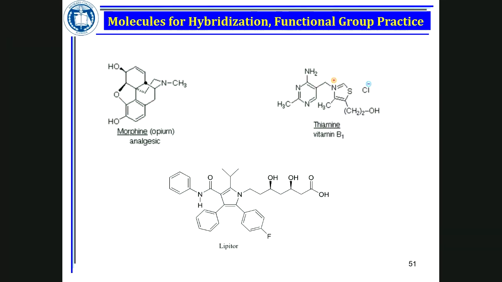What is this functional group here? Carboxylic acid. What is this functional group here? Alcohol. And what is this functional group?